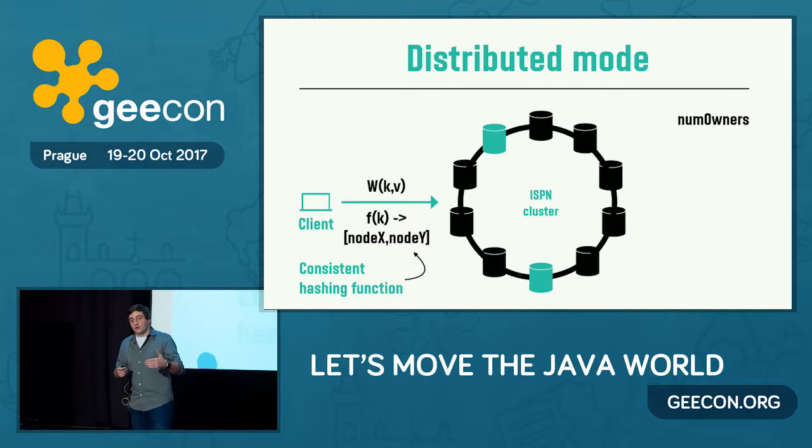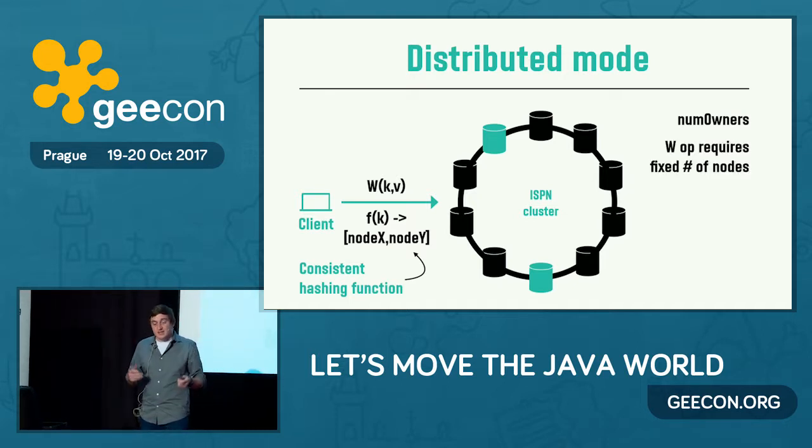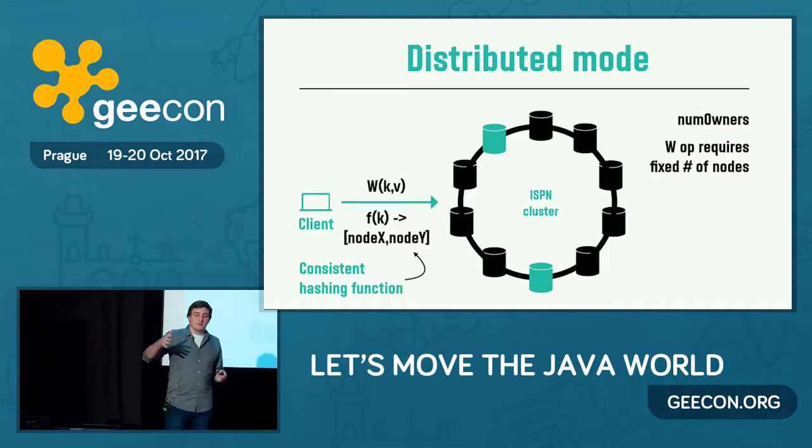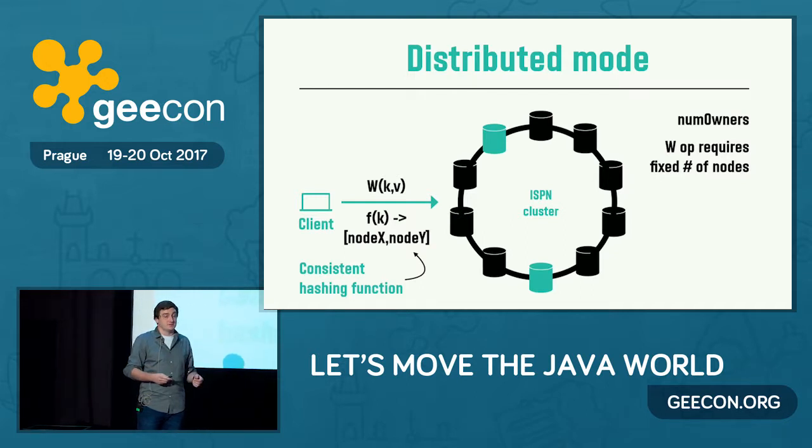The number of nodes where each data will be stored can be configured per cache, and it's called num owners. And this basically means that the write operation requires a fixed number of nodes, no matter how large the Infinispan cluster is.